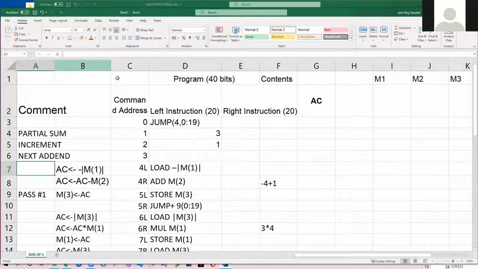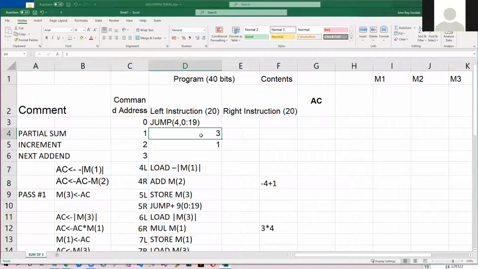The PDP-1 is a late derivative of the IAS, but it has a lot of improvements that made programming a lot easier on a stored program concept. It's a late derivative because the PDP-1 came in 1959, while the IAS came in 1952.